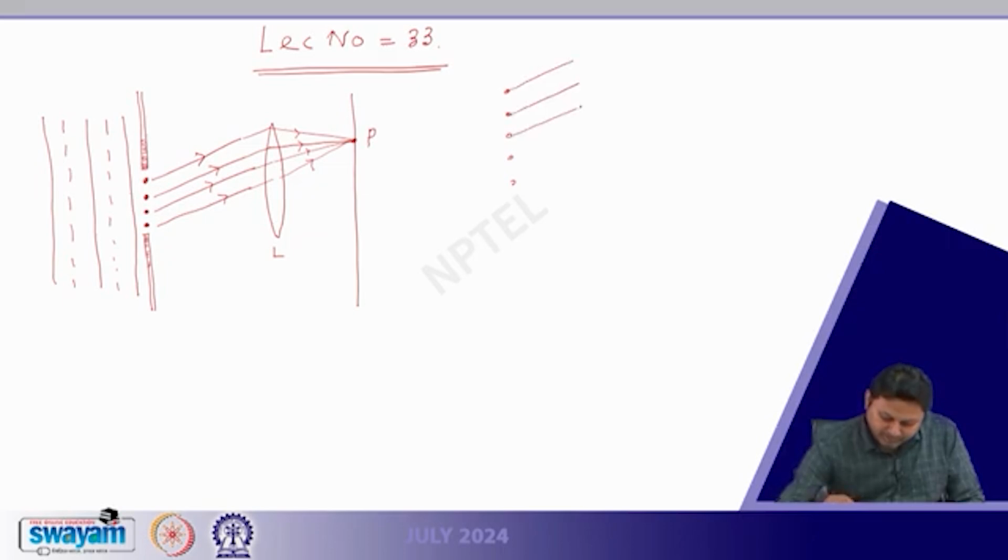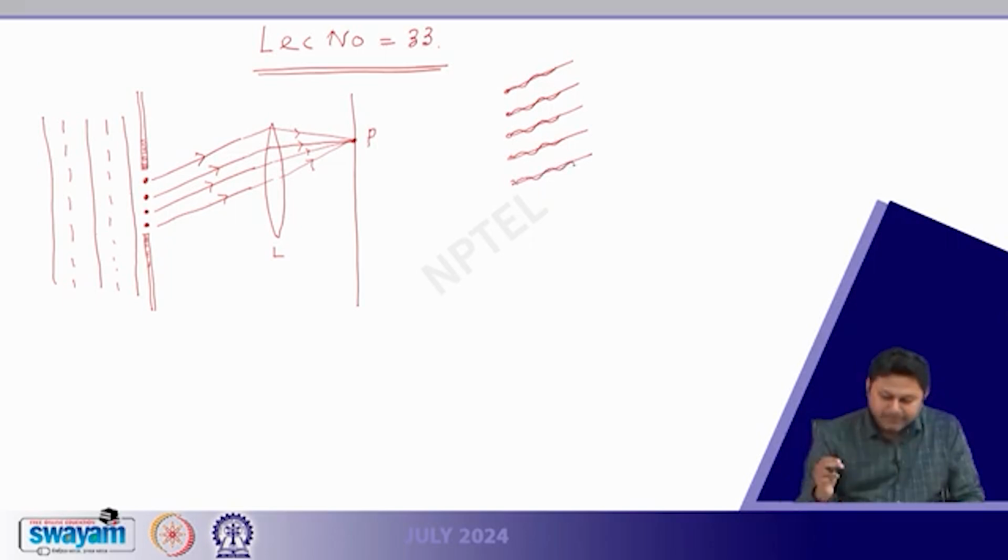These are the light waves moving like this, and then they converge to a point P. What we were doing is adding all the contributions of these waves.